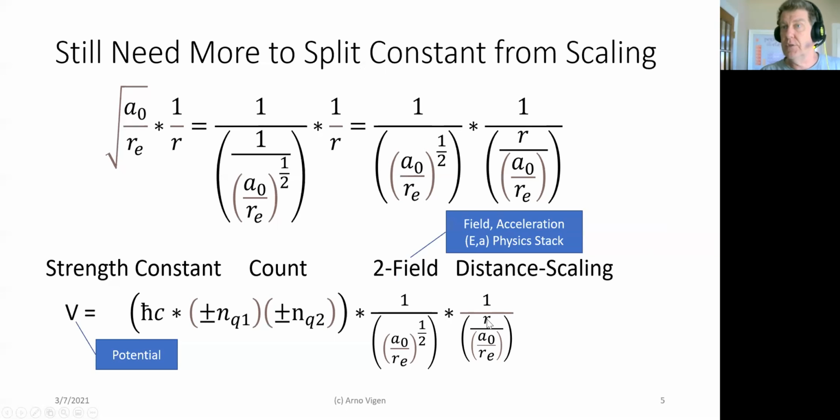So your distance is not just meters, which is an arbitrary length, but the count of units at which the fields universally change in the universe. But then you have this two-field, and that's actually the net of the two, which I'll explain next.